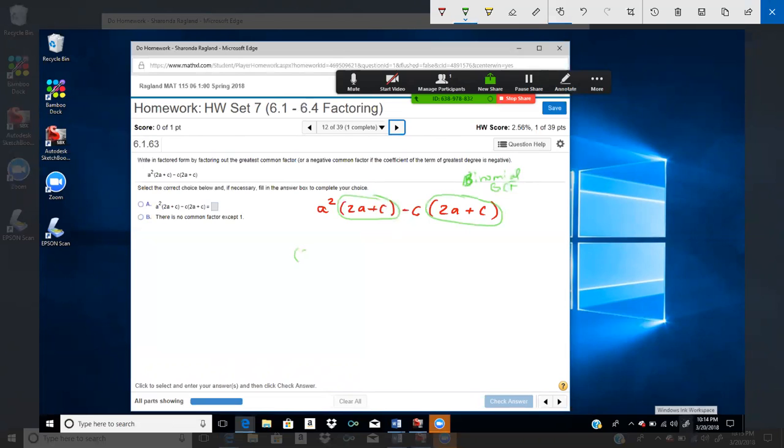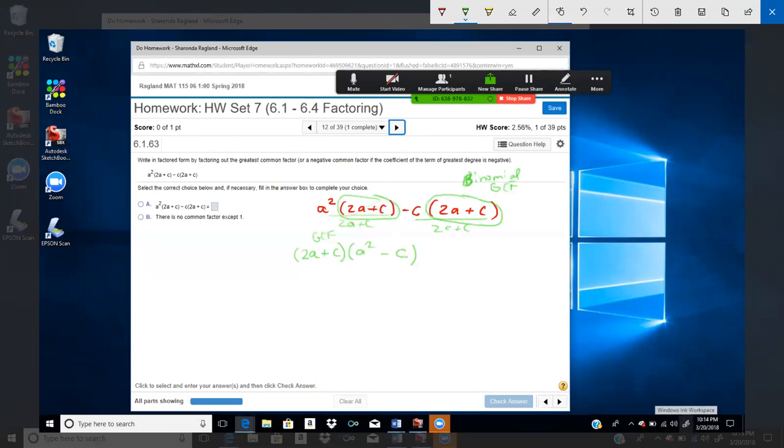So we're going to pull that out, and it has to be in parentheses because it's together. Once we pull out the GCF, we have another set of parentheses for what's left. It's just like we're dividing out the 2a plus c, so they cancel out. I'm left with a squared minus c.